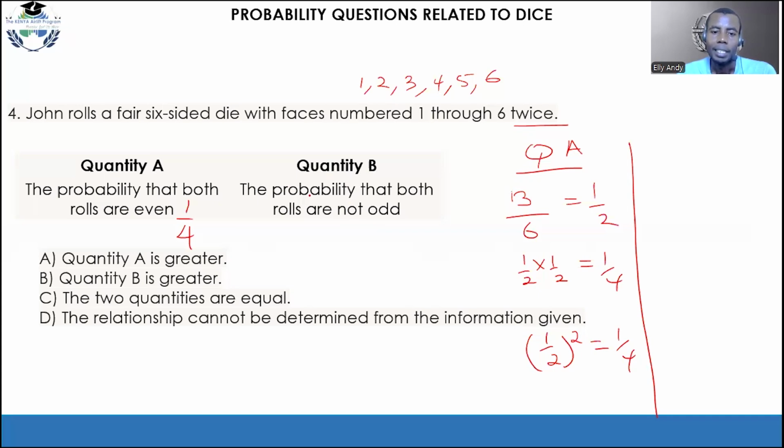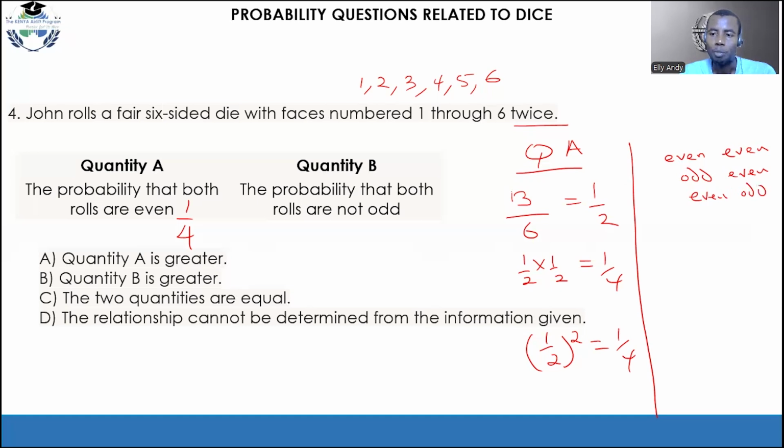Now, reading probability that both are not odd means that we can have even, odd, or odd, even, or even, even.